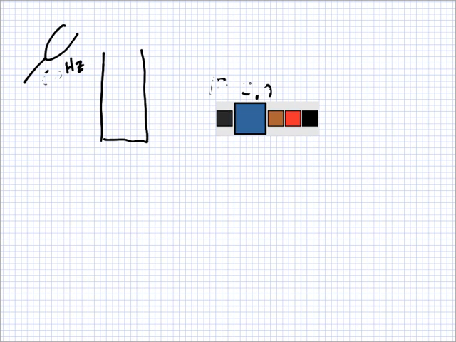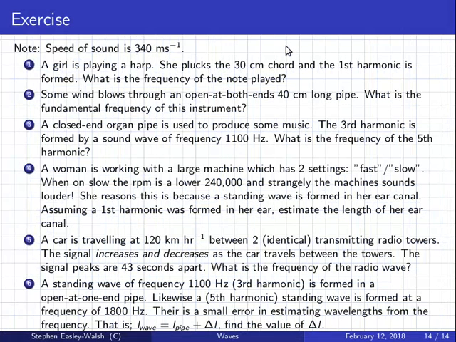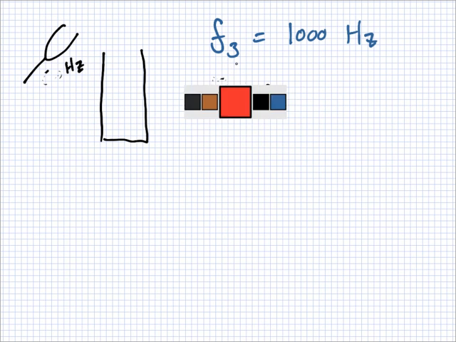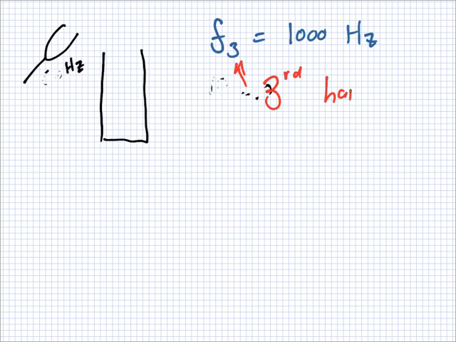Okay, so what I'm going to give you now is two frequencies that cause this to resonate. So I'll say the first frequency is, I'll make it similar to this, 1000 hertz. And the reason I'm writing the little three here is this one is going to be for the third harmonic. So that causes the pipe to resonate.